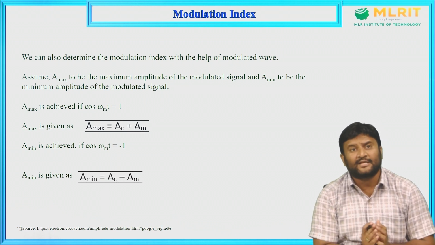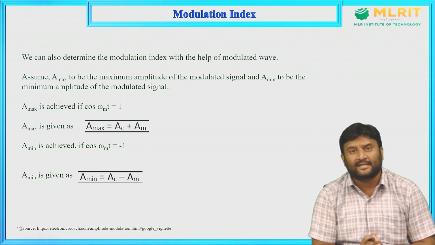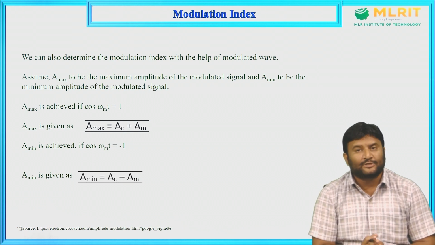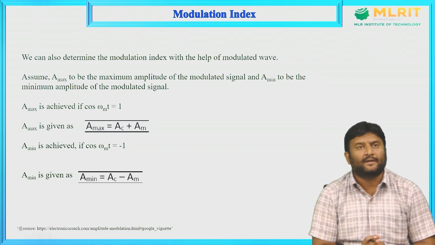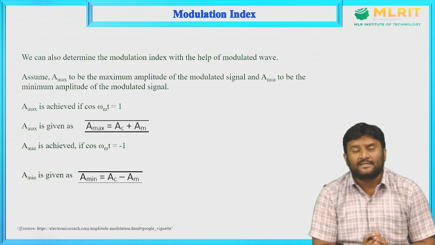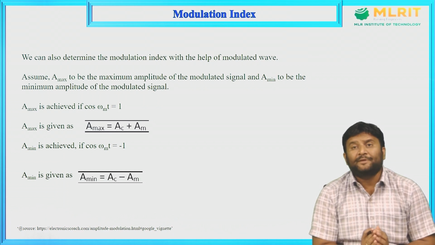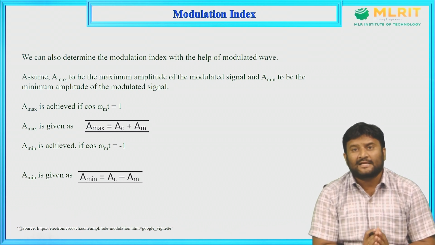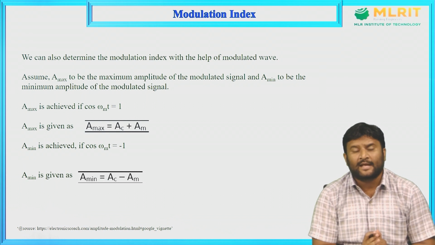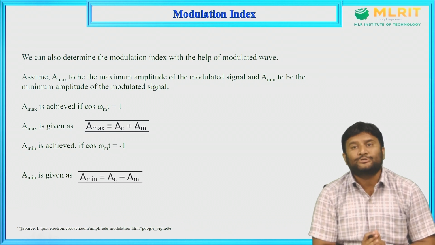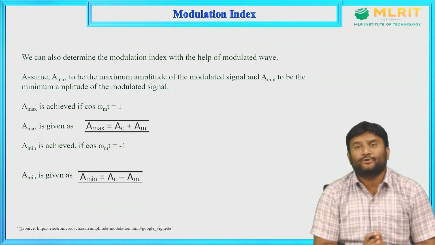Here instantaneous means the amplitude of the message signal. Again I repeat, amplitude modulation is defined as the amplitude of the high frequency carrier signal varied according to the amplitude of the message signal. It is called amplitude modulation.